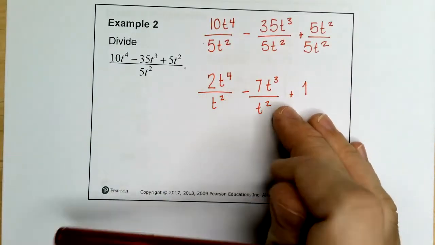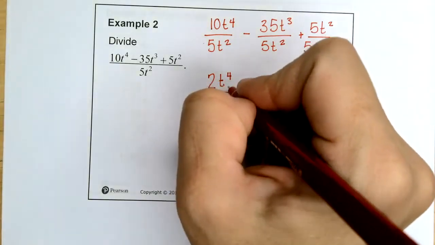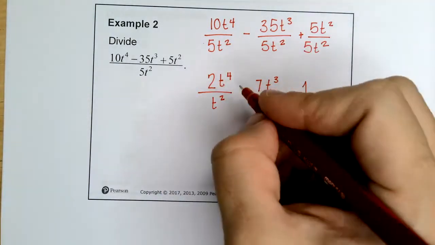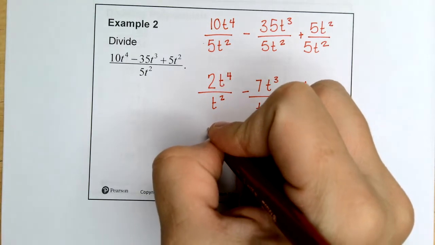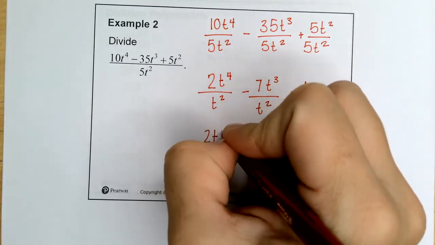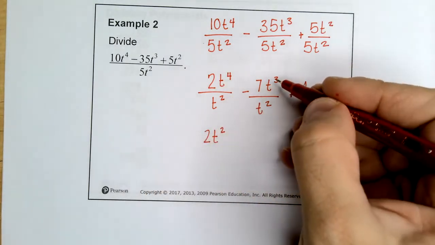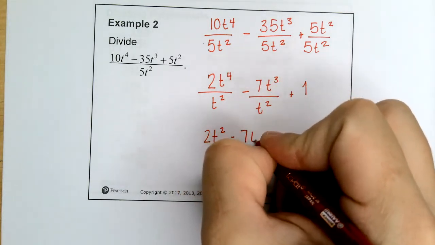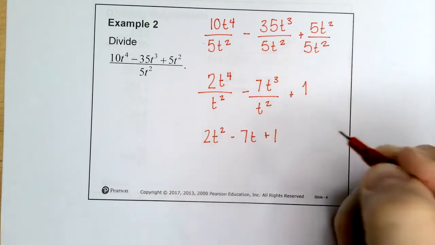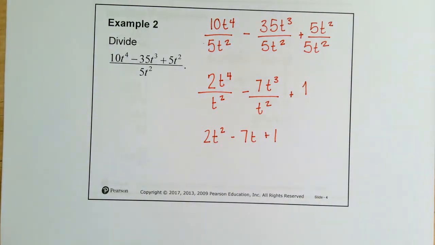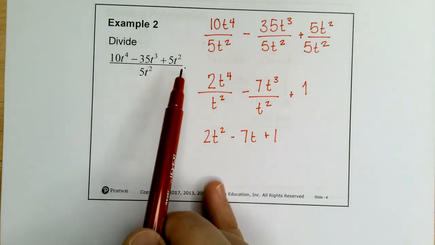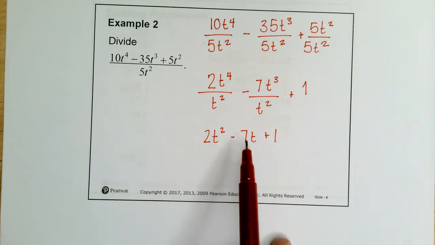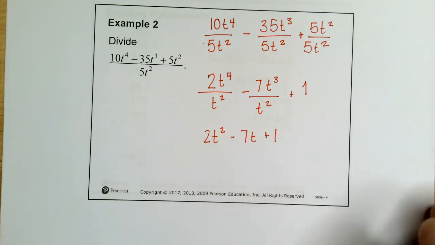So here, instead of writing it all out, I'm just going to subtract. t^4 divided by t^2 is just 4 minus 2, which is 2. 2t^2, 3 minus 2 is 1, minus 7t, plus 1. Is that what you got? Good. If you have 3 terms in the numerator, you should always have 3 terms in your final answer so you can account for each one.